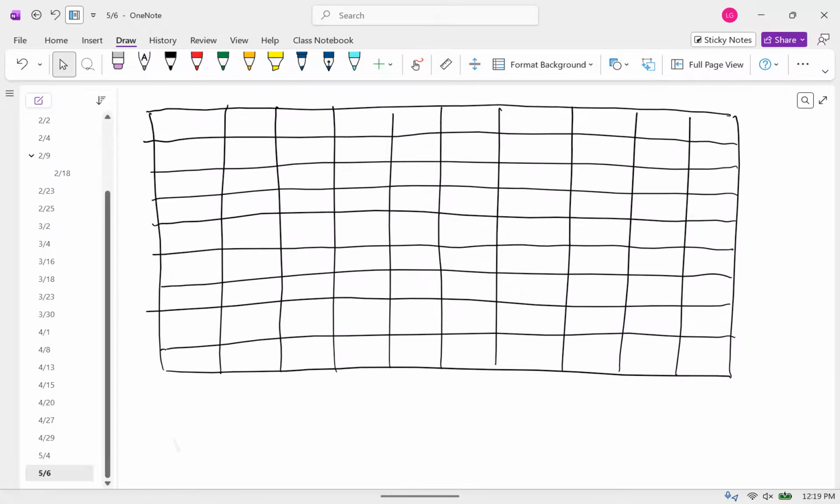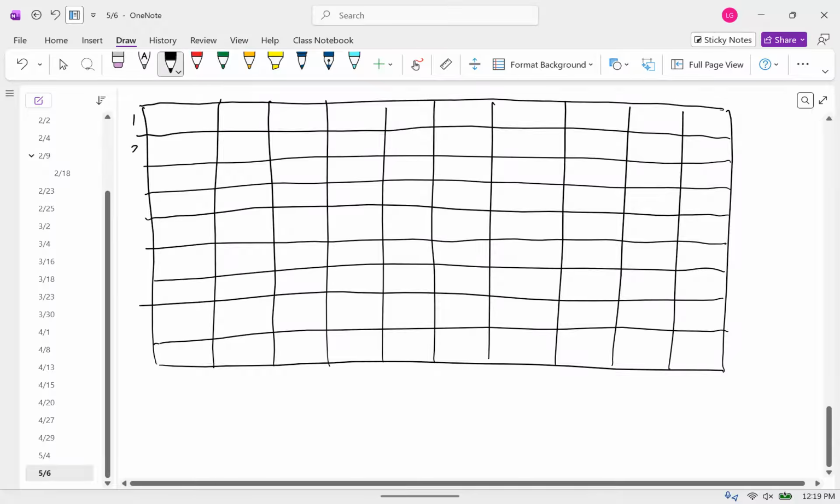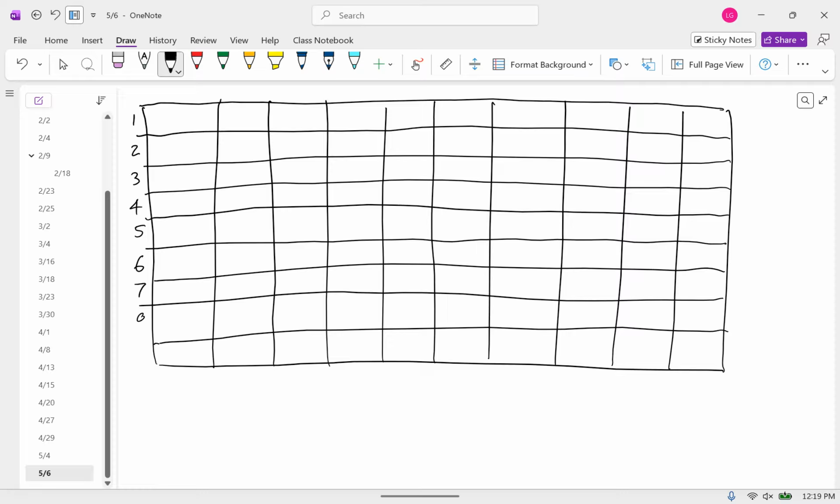Okay, so we have equations 1, 2, 3, 4, 5, 6, 7, 8, 9.